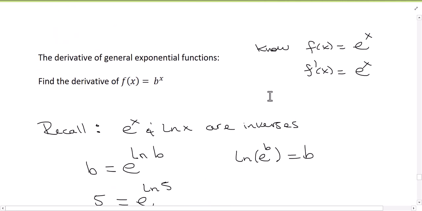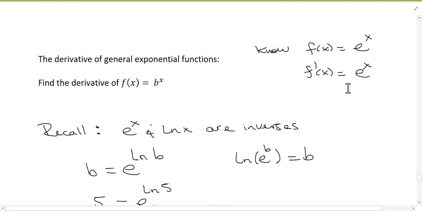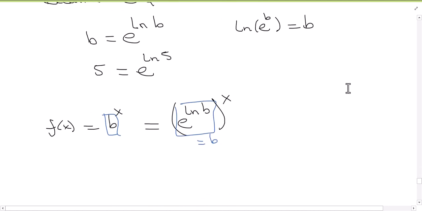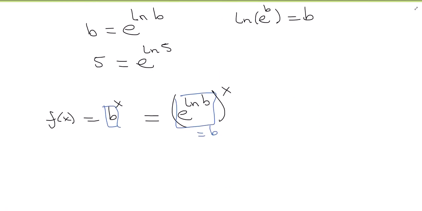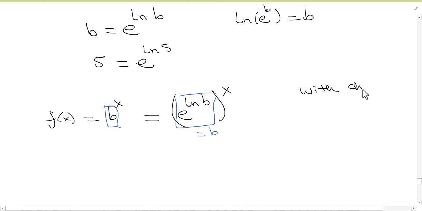Well, I know that the derivative of e to the x is e to the x, and with the chain rule, I also know that e to the stuff, so if my function is e to the something, using my very technical notation of stuff, then the derivative is e to the stuff.